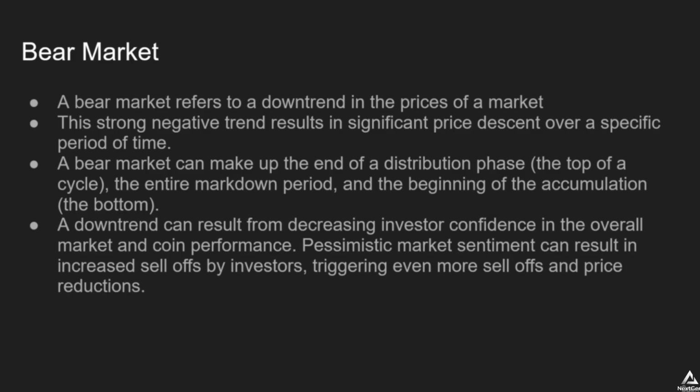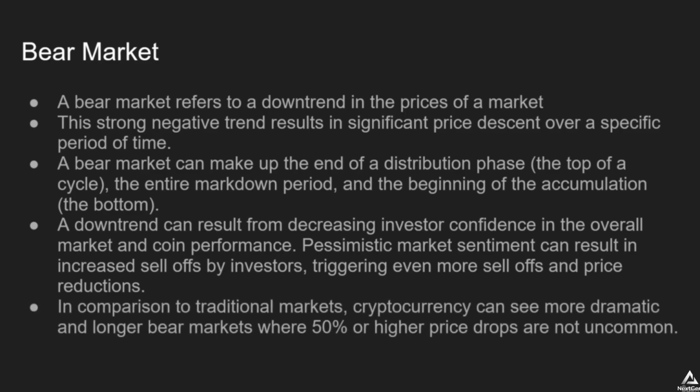Essentially, people see prices going down, they won't want to lose money, they might be prompted to sell, further causing the price to go down, and essentially it's just an endless cycle until the price bottoms out. Now, in comparison to traditional markets, crypto markets can see more dramatic and longer bear trends where 50% or higher price drops are not uncommon.